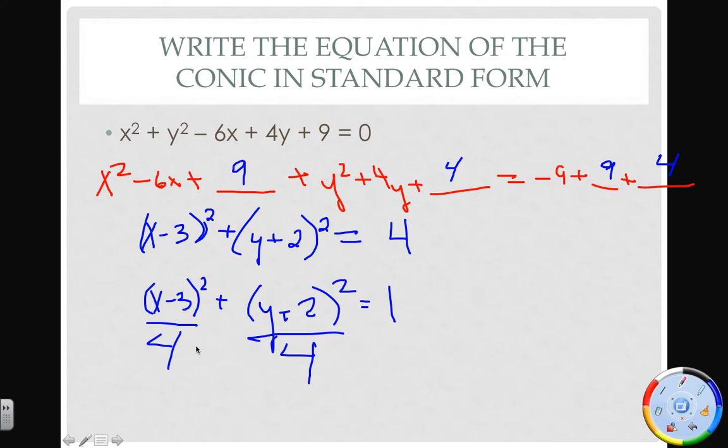And some of you might look at this going, but the numbers are the same in the denominator, and you're right. That becomes a problem for the 3 conic sections that we've dealt with yesterday.